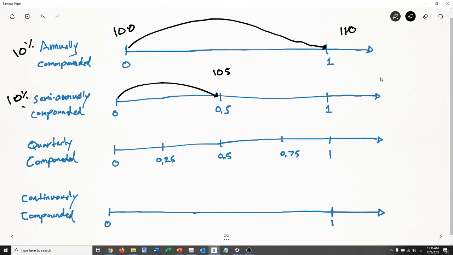And after another 6 months, we'll receive 110.25. Why does this 25, or from where does this 25 come from?